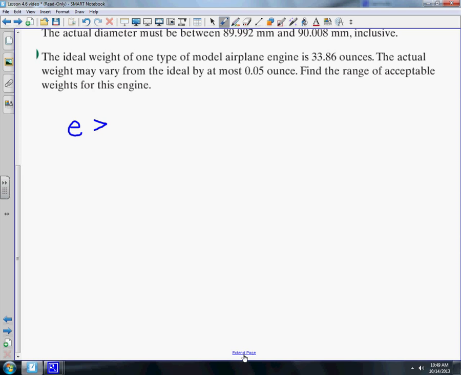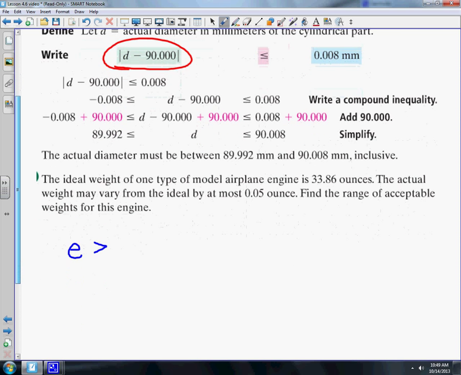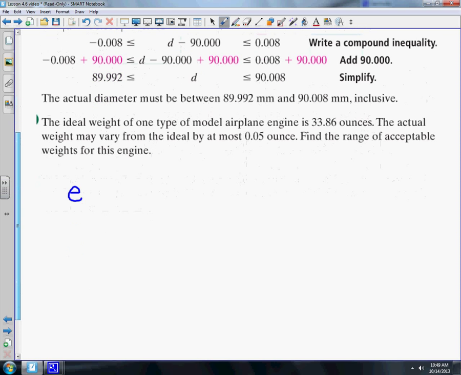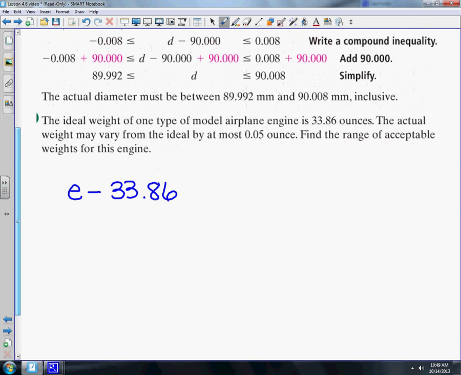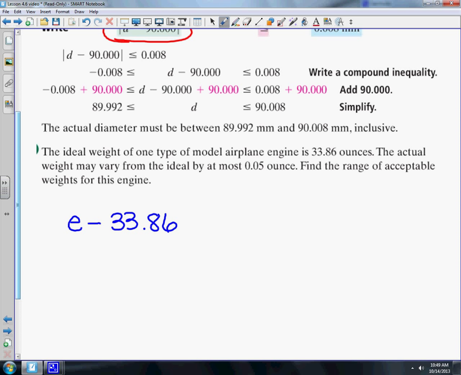So, no, sorry, E minus 33.86. So I'm just kind of comparing this to this equation here, and then that becomes absolute value, has to be less than or equal to 0.05. Now that's the first equation.